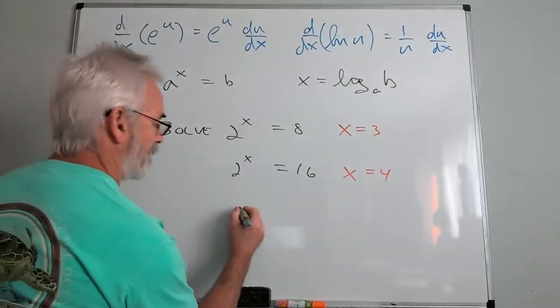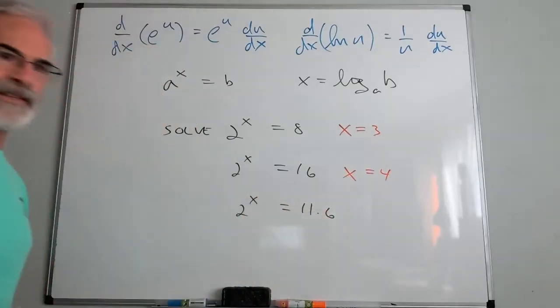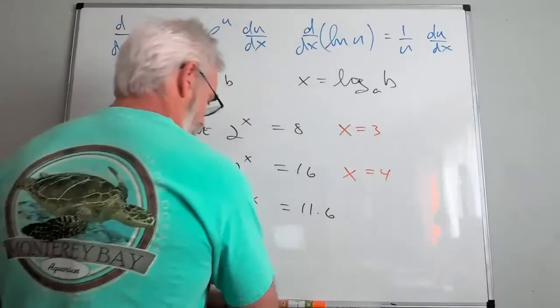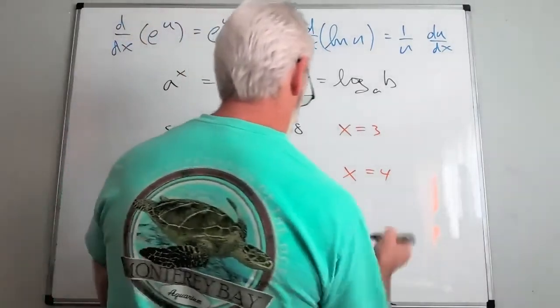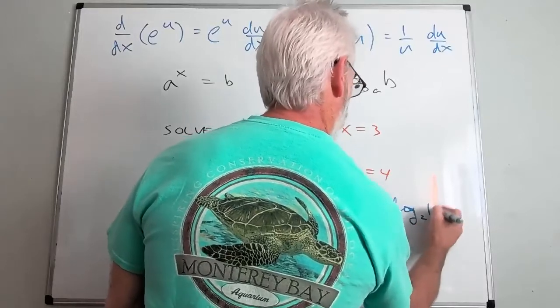So what if the question was 2 to the x equals 11.6? Oh my goodness, what do I do in that case? Well, again, technically, x is a logarithm, so x is the log base 2 of 11.6.